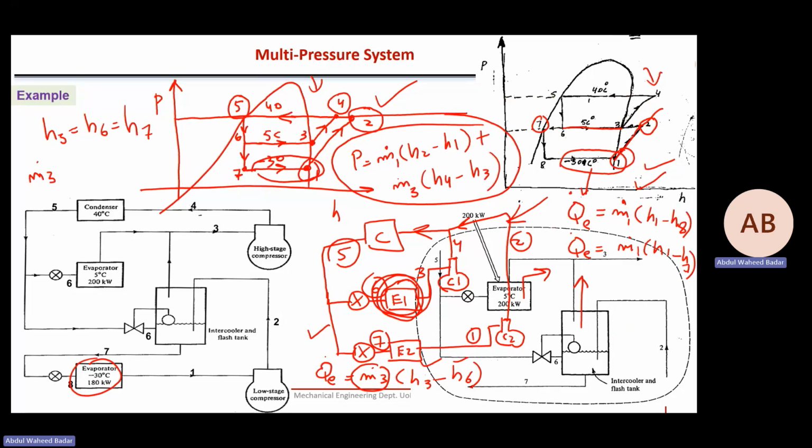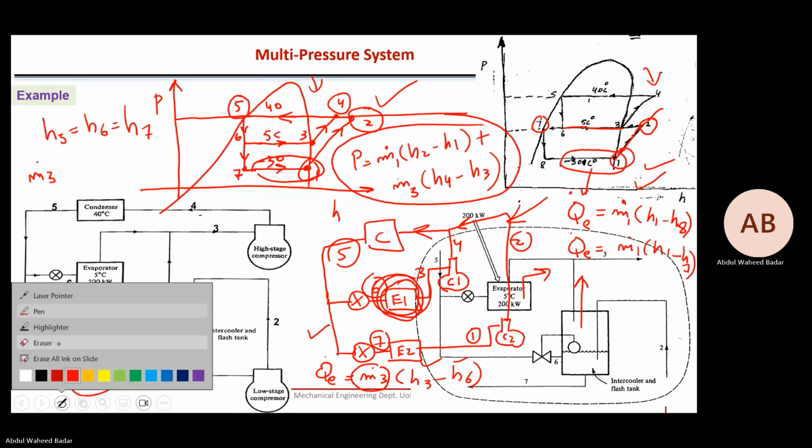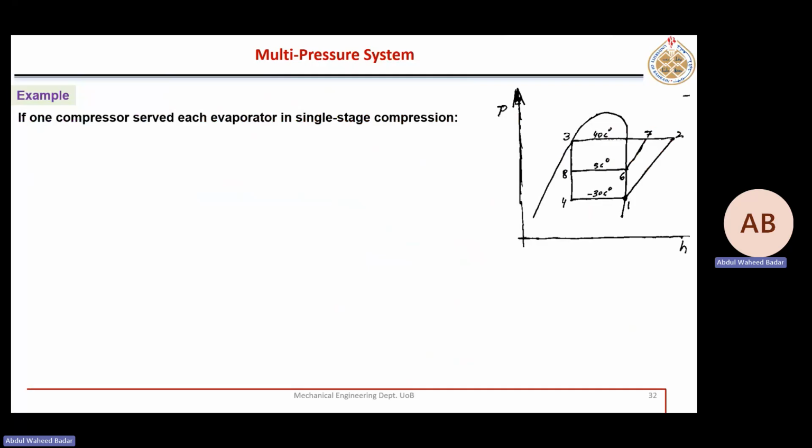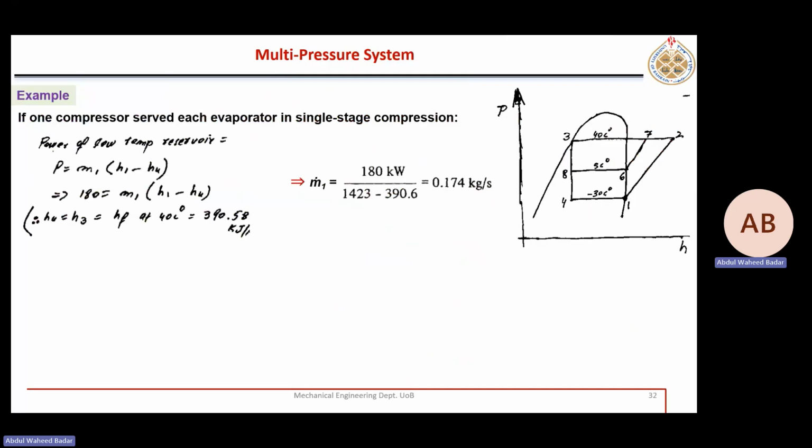So both m dots will be different now. Okay, so that has been done here. This was m dot 1 after calculating enthalpy H1 and H4.